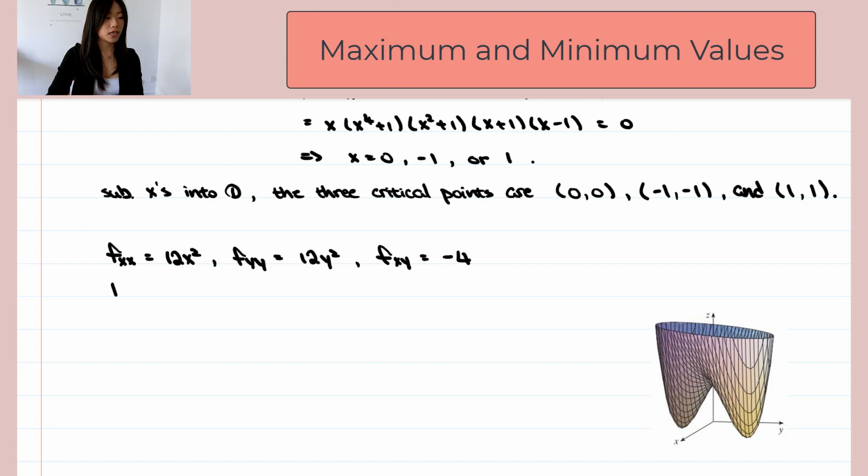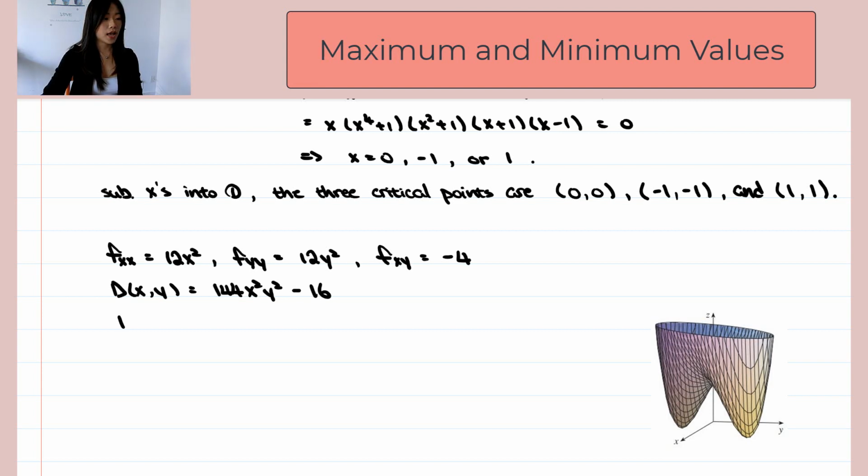So the value D would be a function of x and y. That would be f sub xx times f sub yy, that is 144 times x squared times y squared. Then minus f sub xy squared, that is minus 16. Then we substitute the 3 critical points into this function.